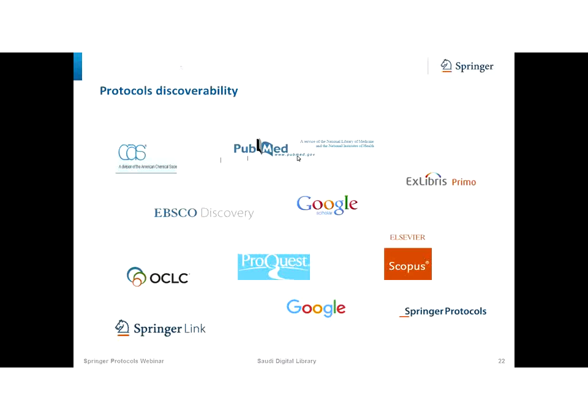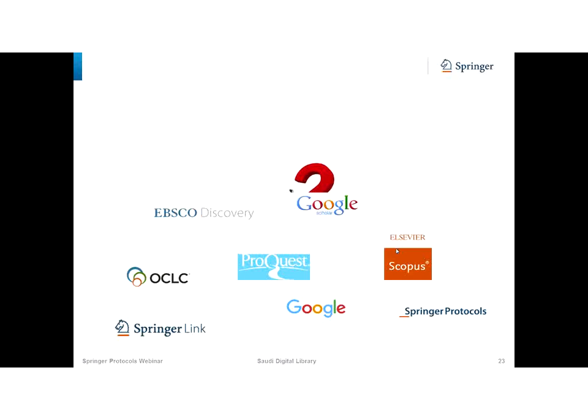And you can discover them via a number of search engines. For example, PubMed is very liked among researchers, and Google Scholar, and Google also. Obviously, also SpringerLink and Springer Protocols, like I showed you already, and some depending on what your library uses as a search engine, but the protocols are indexed and optimized for a number of search engines.